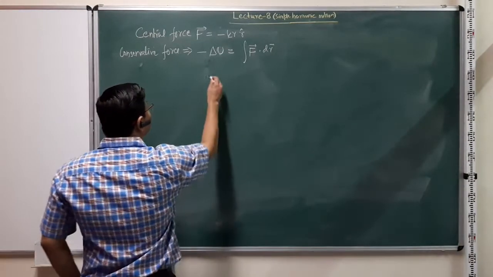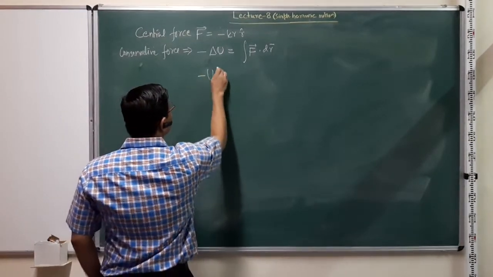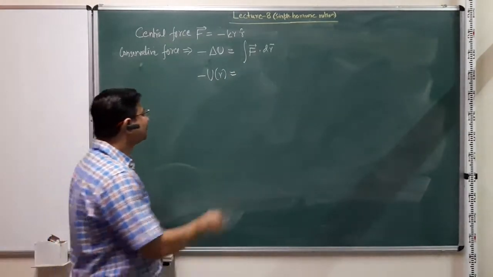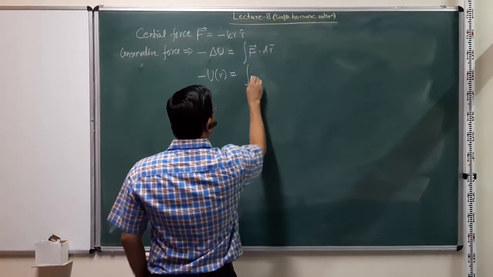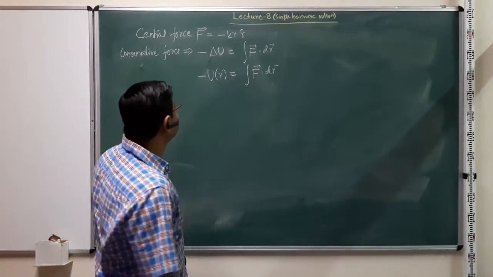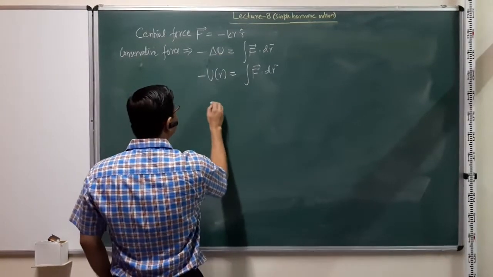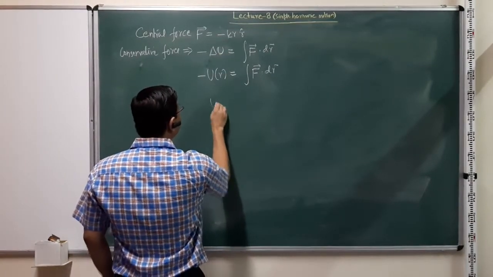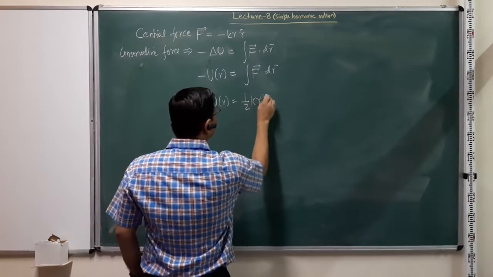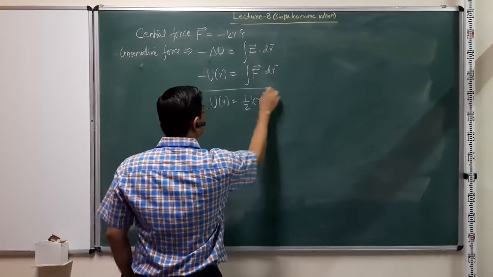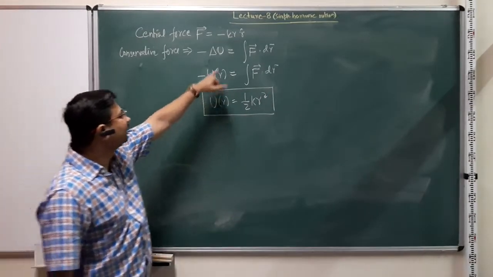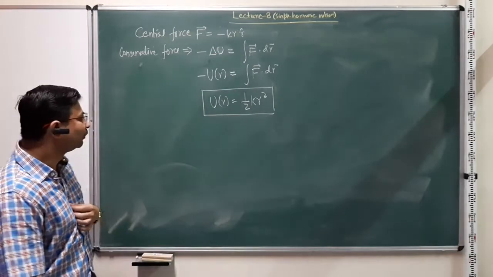So I can also write minus U of r is equal to the integral of F dot dr, and now putting in the value for this particular central force, I can write U of r as half k r square. So this is the potential energy associated with this kind of force.